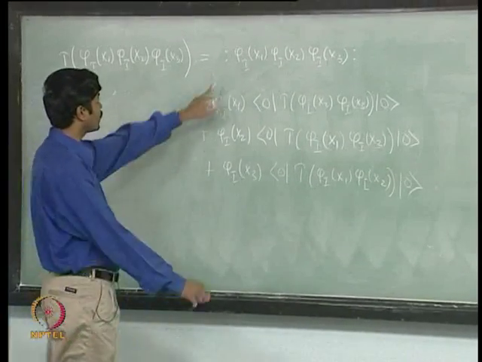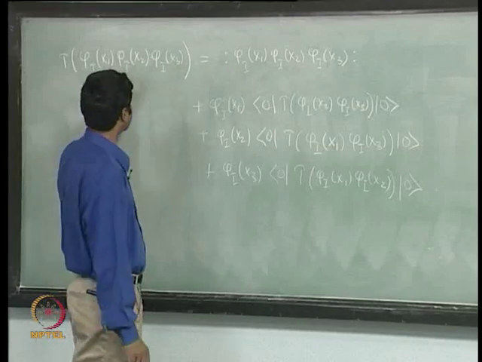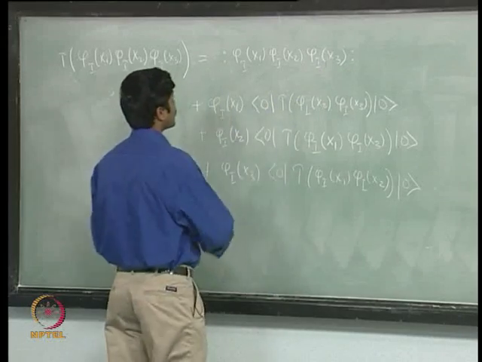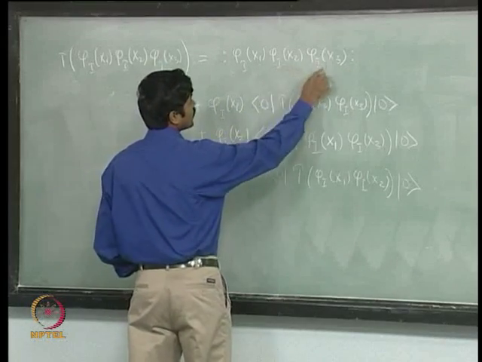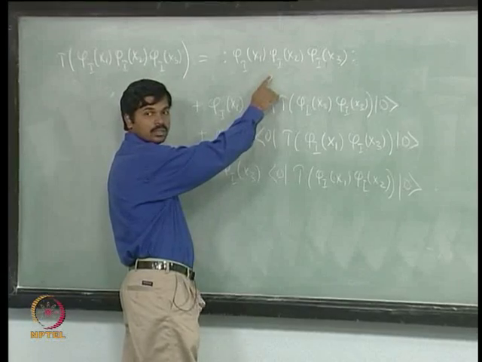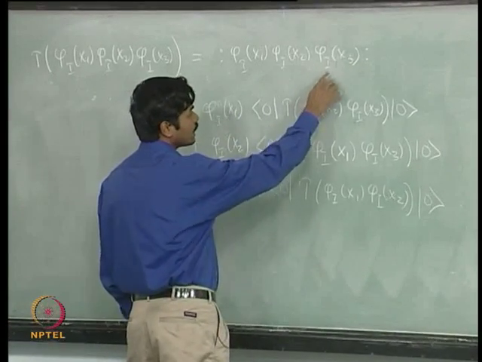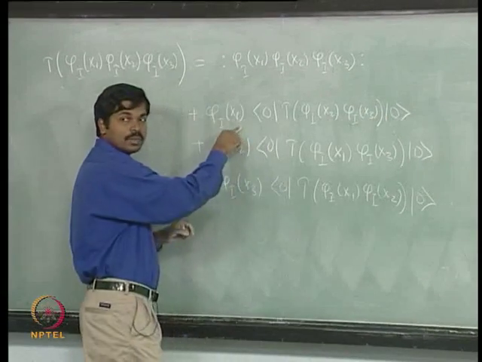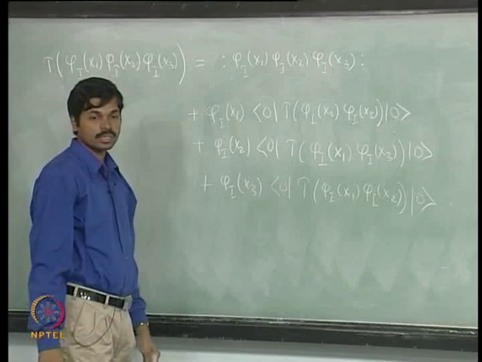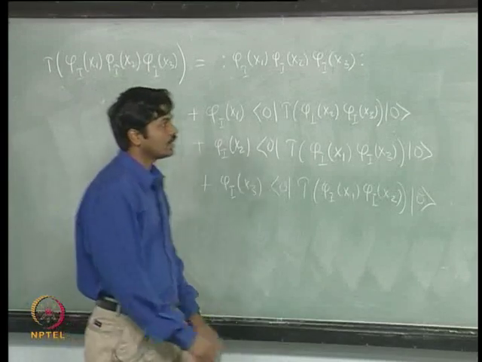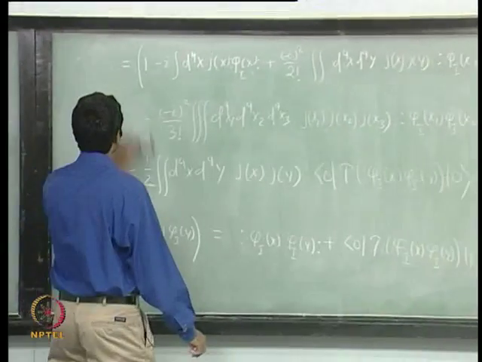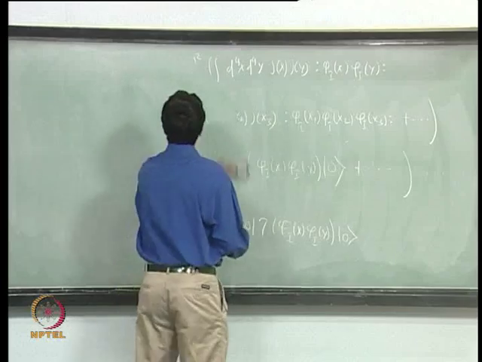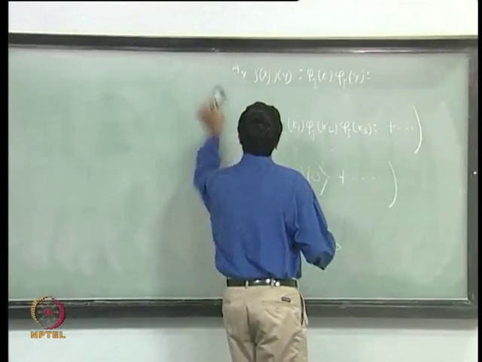What you see here is that the time order product is equal to the normal product, and then it picks all pairs of operators, you consider their vacuum expectation values, and whatever is left, the normal product of that is what you get. So, in general, what I claim, and what I suggest you verify at least up to order 5, is the following.